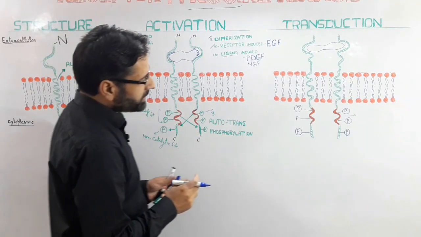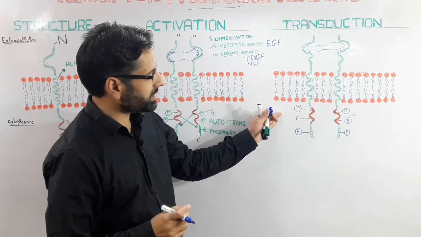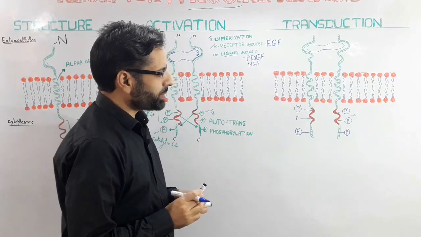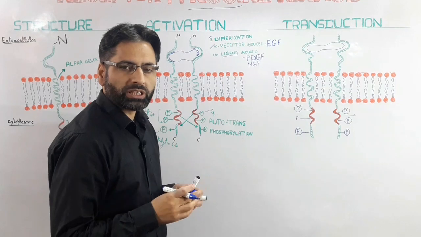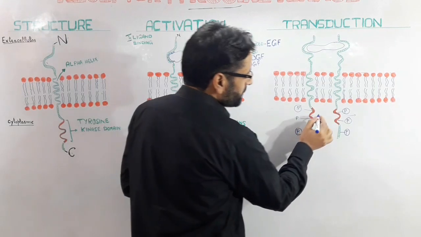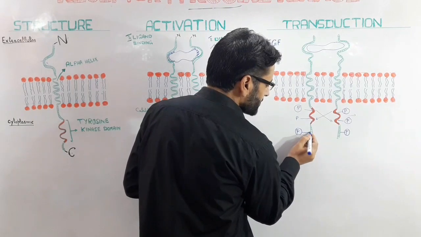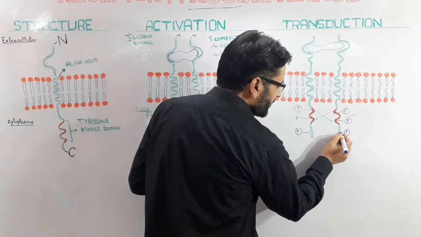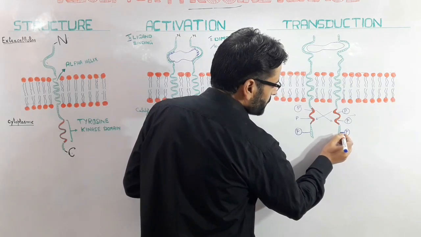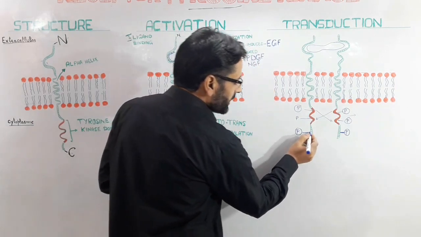Now the question is how the signal from the cytoplasmic side of this receptor gets transduced or transferred. In the cytoplasm, we have some specific target proteins which bind to the cytoplasmic side of this receptor. Those target proteins will bind to the cytoplasmic side of this receptor only when there are phosphotyrosine amino acids. Those proteins will bind only to the phosphotyrosine amino acids.